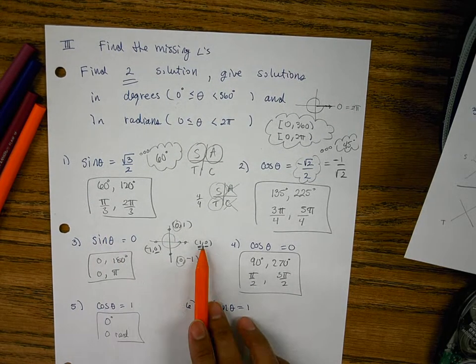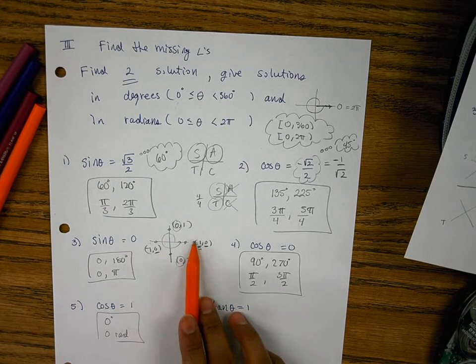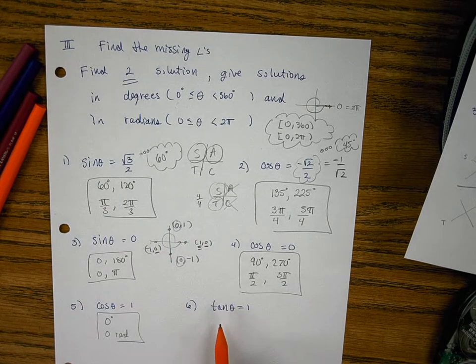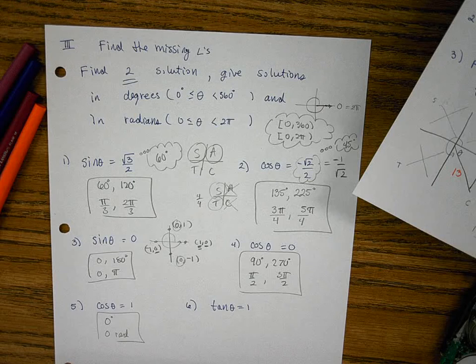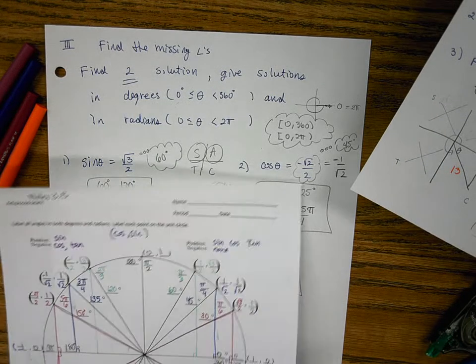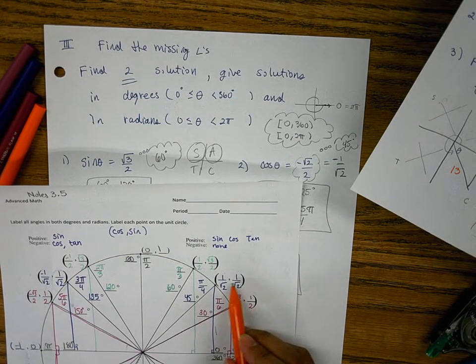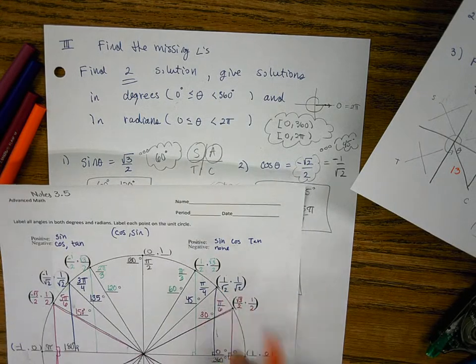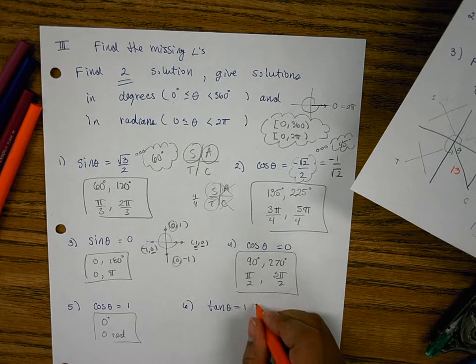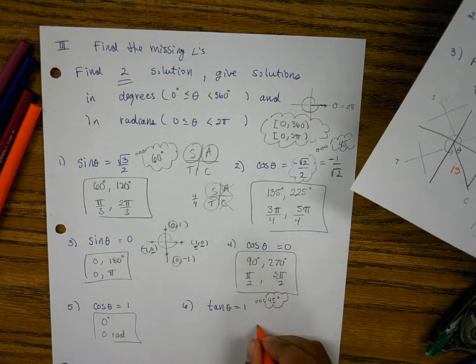It's only when cosine of theta is 1 or sine of theta is 1 that you're going to be on one of your quadrantals. Tangent is 1 at one of your 45s because 1 over 1 or 1 over root 2 over 1 over root 2 is 1. So 45 degrees is your reference angle.